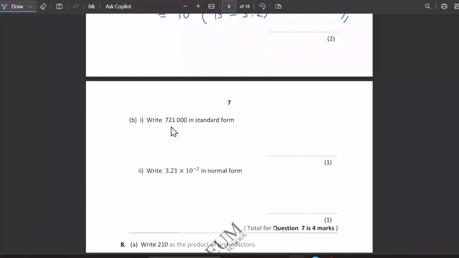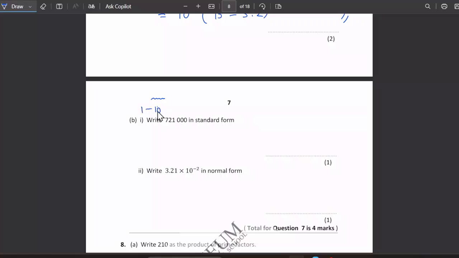Okay, now this one we have to write in standard form. What is the usual notation in standard form? Always the first number should be between 1 and 10. We can't put 10 because it must be in between 1 and 10.